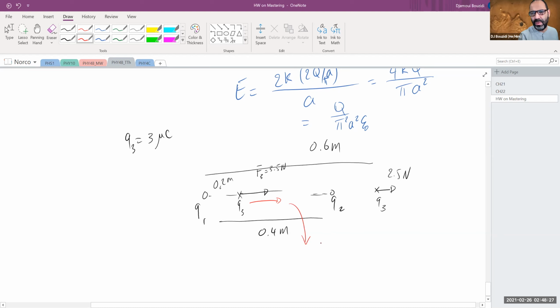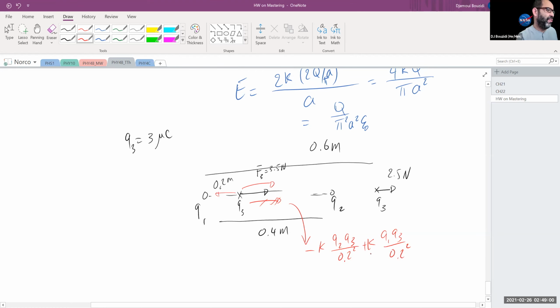This force from Q2 is K times Q2 times Q3, potentially pointing in this direction if I assume Q2 to be positive, divided by the distance squared, which is 0.2 squared. Add to it another force from Q1 pointing in this direction, which is plus K times Q1 times Q3, divided by 0.2 squared also.